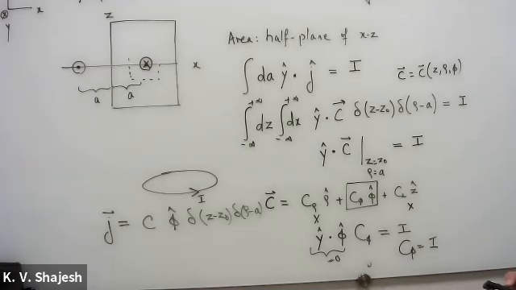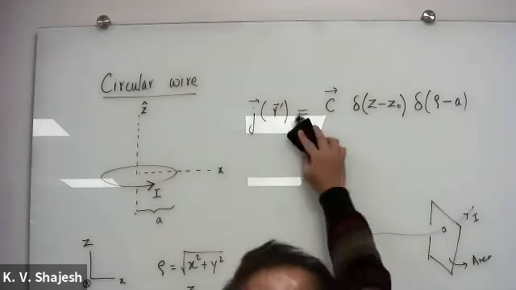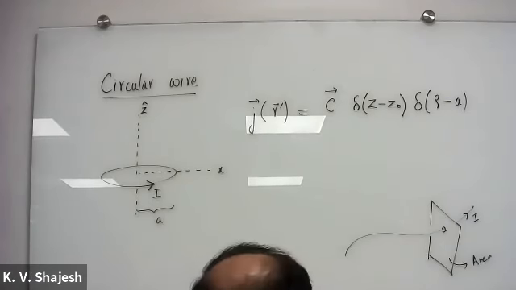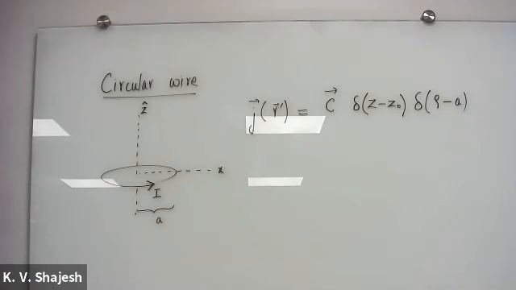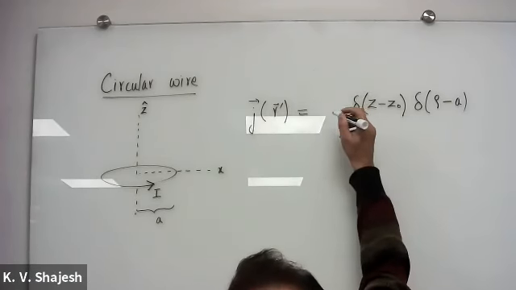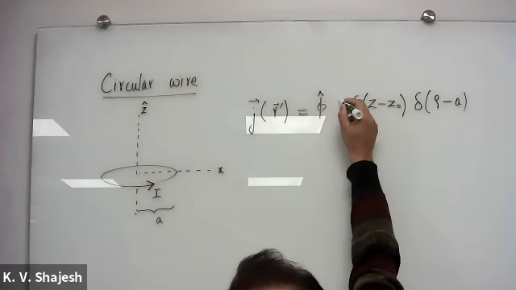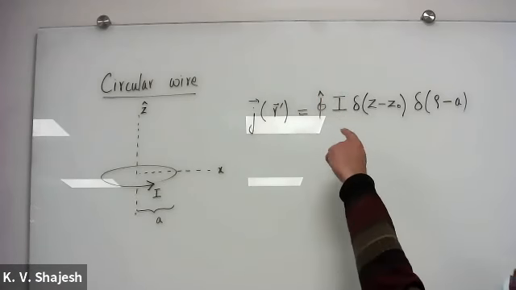Okay, so if I go back and impose this, this says that the direction is phi hat, and I. It's also at this stage good to check your dimensions.